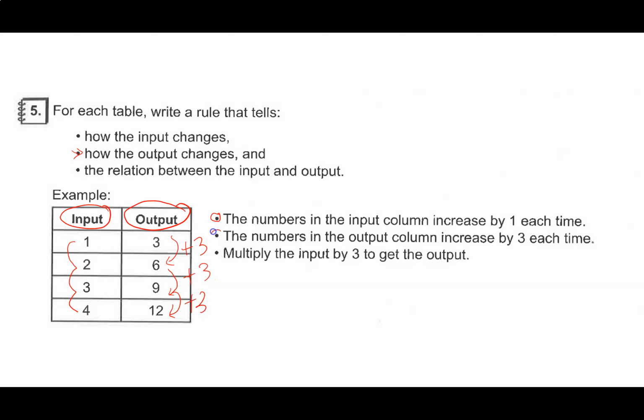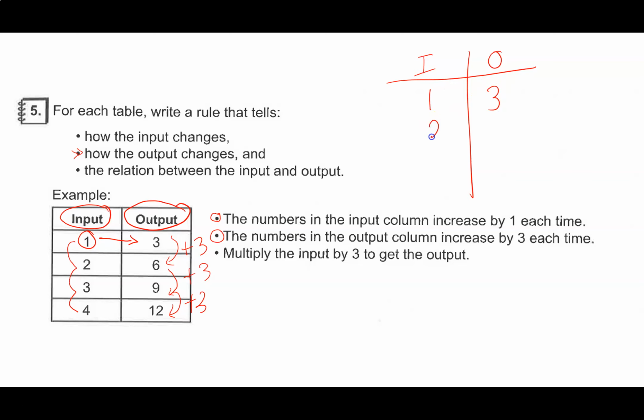So, they wrote the numbers in the output column increase by 3 each time. Finally, if we look at the input, how do we get to the output? So I'm going to draw it again right here. It's getting a little bit messy. So we have the input and the output.